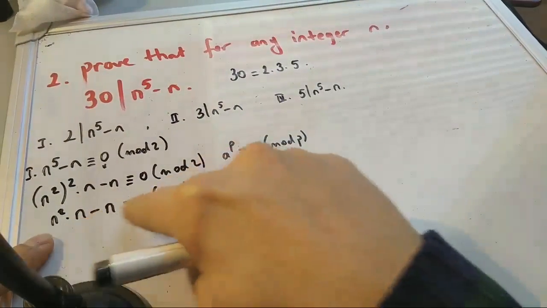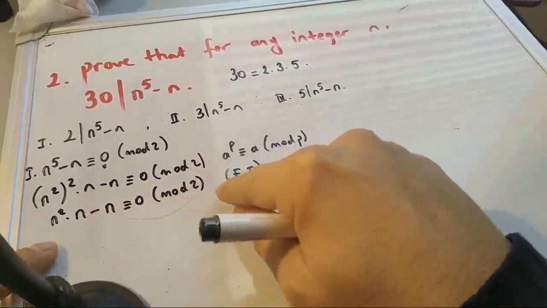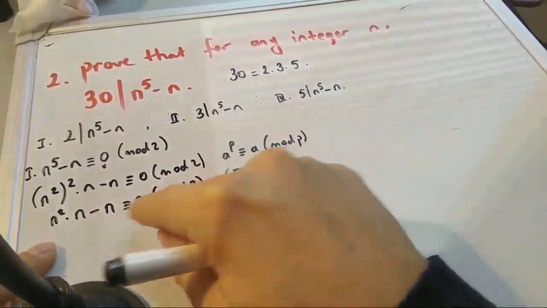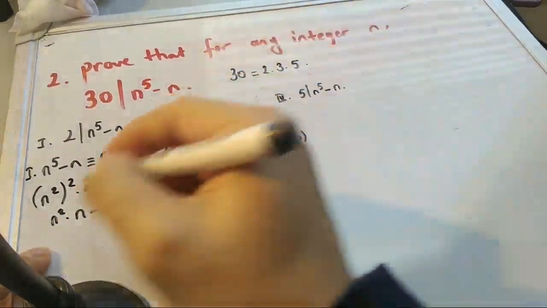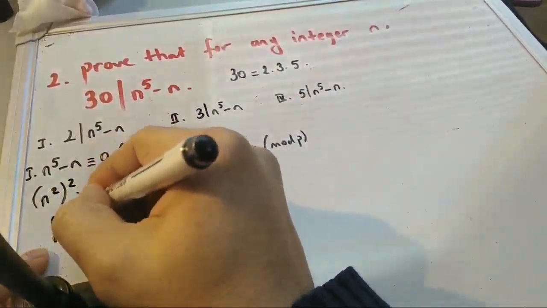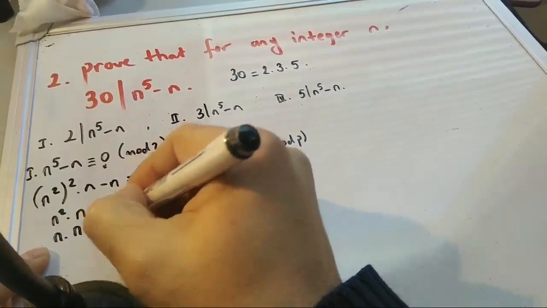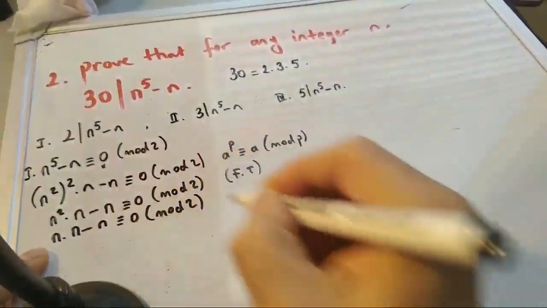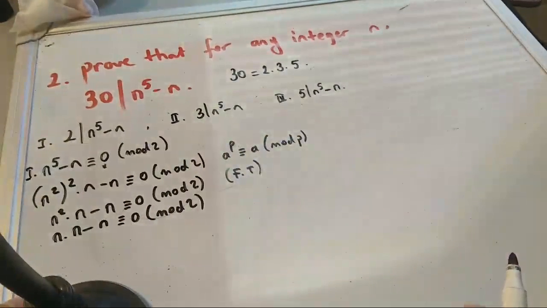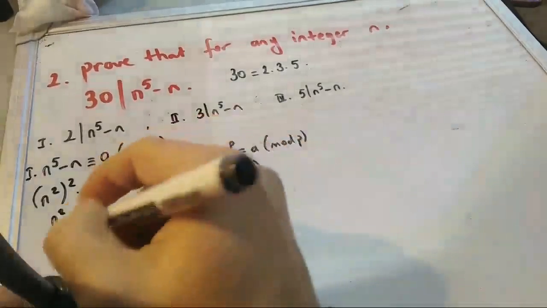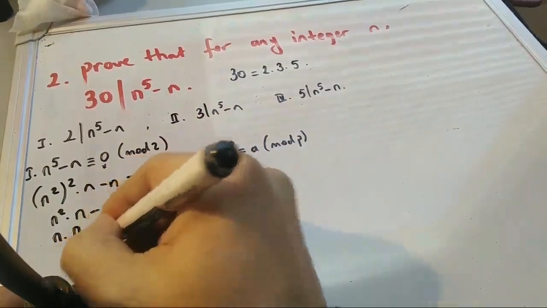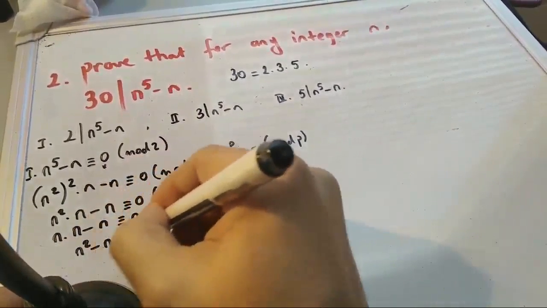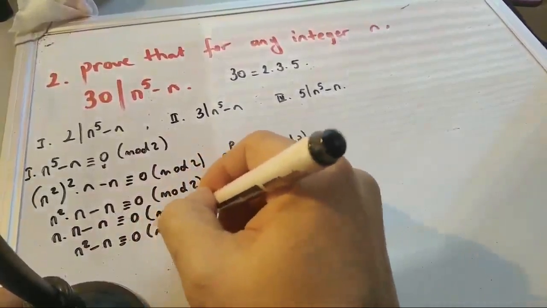So n squared is congruent in mod 2 to, what is it? It will be itself, n. N times n minus n is congruent to 0 in mod 2. N times n is n squared, minus n is congruent to 0 in mod 2, same.